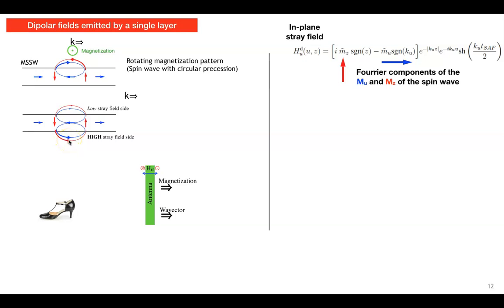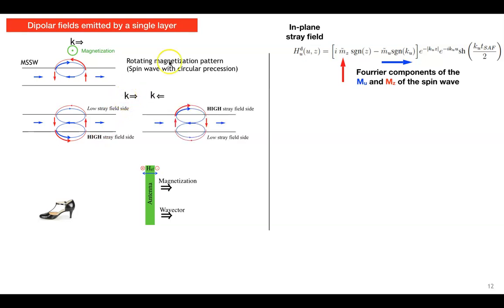So you can see that you are in a situation where, because you have a spin wave in your film, there is one side of the film which is a dark side where you have a low stray field, and another one where you have a high stray field. And this was for positive K vector.